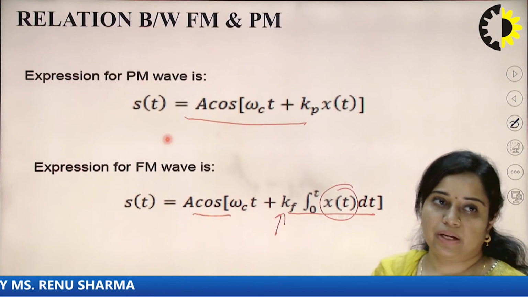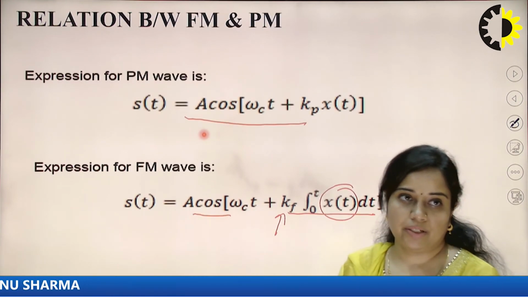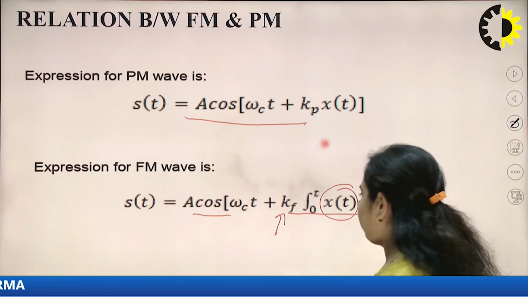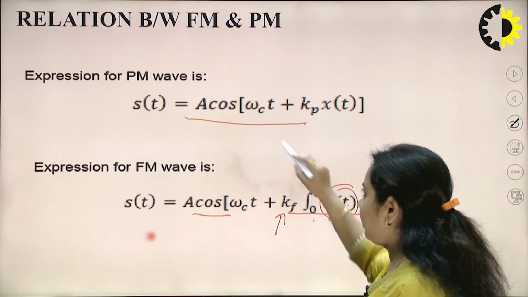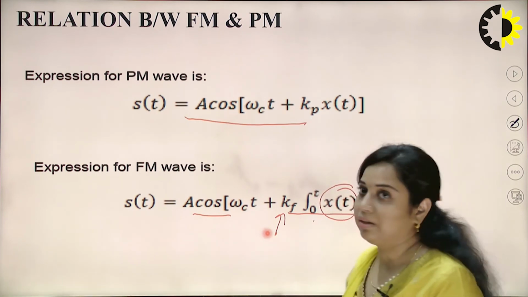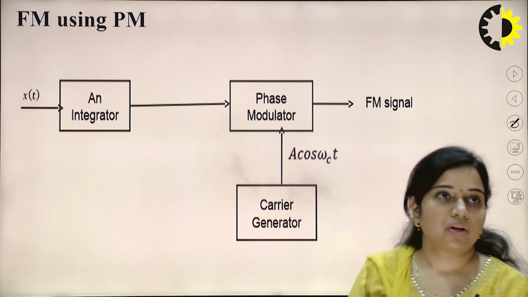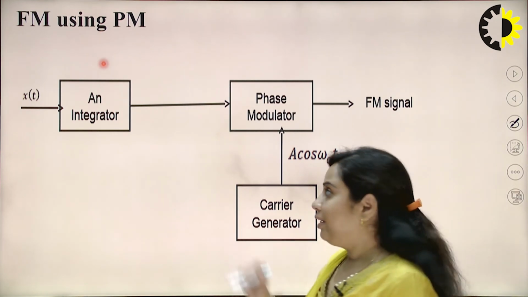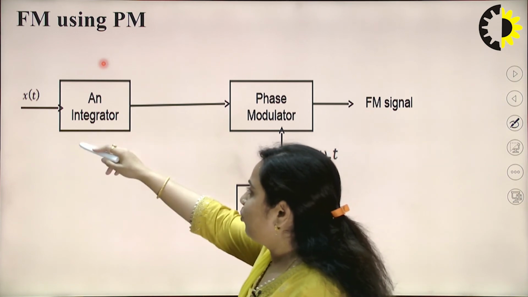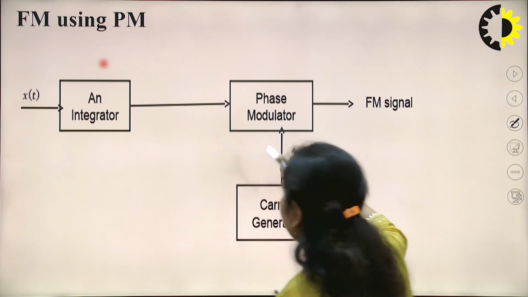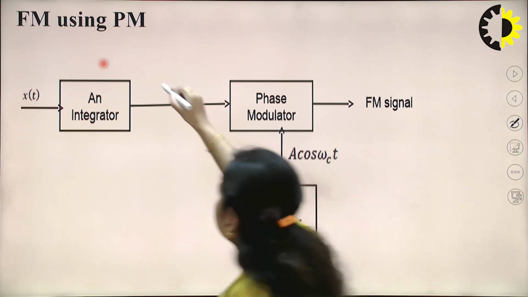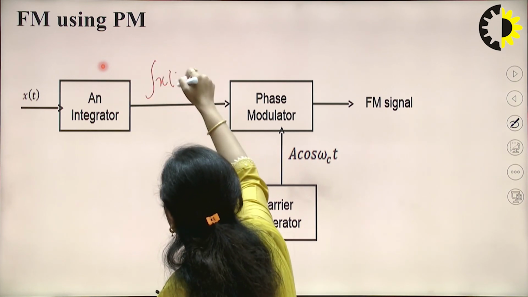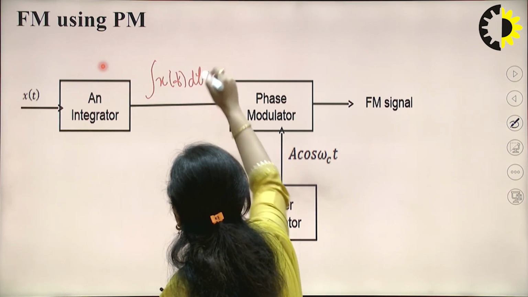As you can see from these standard equations, in case of FM an integral is used, and in case of PM there is no integral. So, to generate FM using PM, an integral has to be used at the input side, through which this particular signal will be passed. So, here we are getting the integral of x(t) dt.